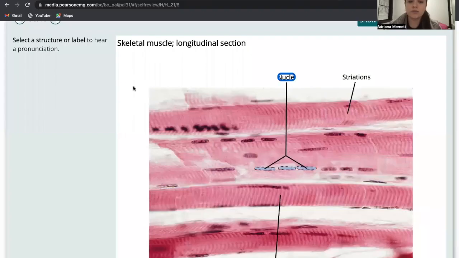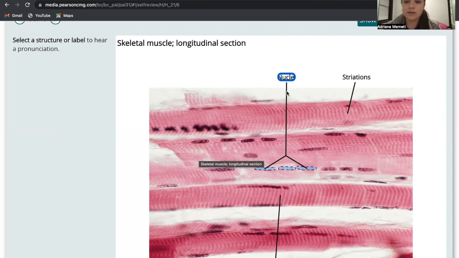This specific muscle tissue differs from the cardiac and the smooth muscle tissues for different reasons that I would like to share. As we can see, the skeletal muscle cells have a long and cylindrical shape, which is unique to this specific muscle tissue, since the cardiac has a branched shape and the smooth one has a spindle shape.